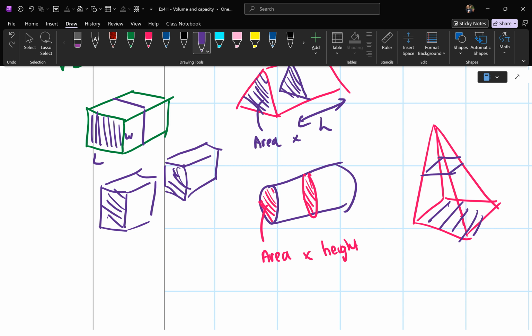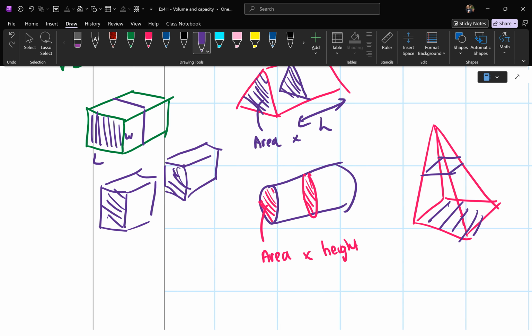That gets smaller. As you get closer and closer to the top, the area is different. This is a different cross-sectional area. That's why we can't use the same formula that you have here. Pyramids have their own special formula. Same thing with spheres. So at year 8 level, you're only learning shapes that all have a cross-sectional area.